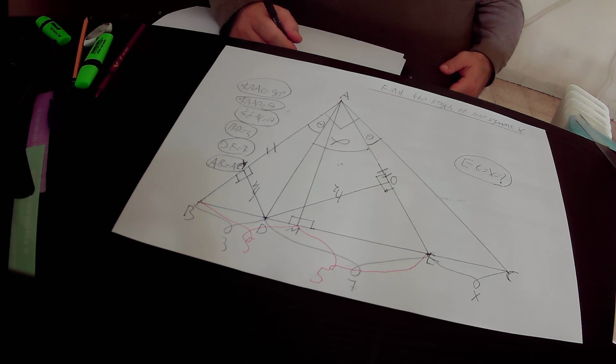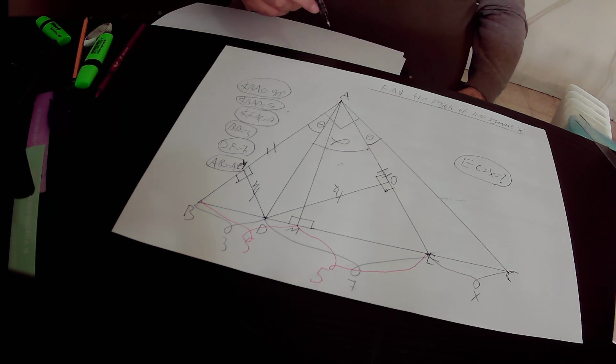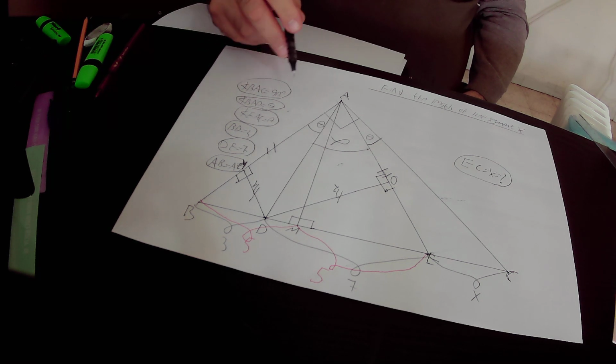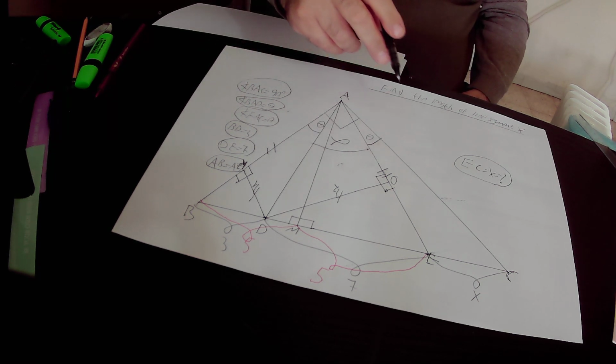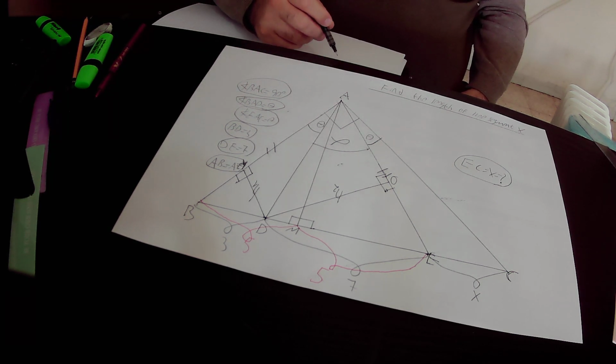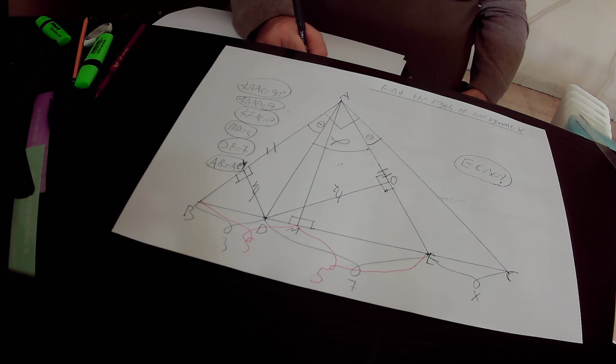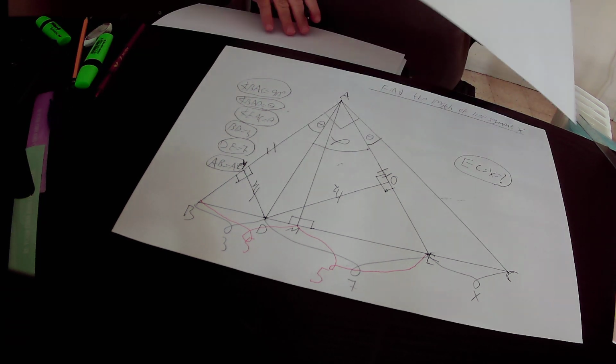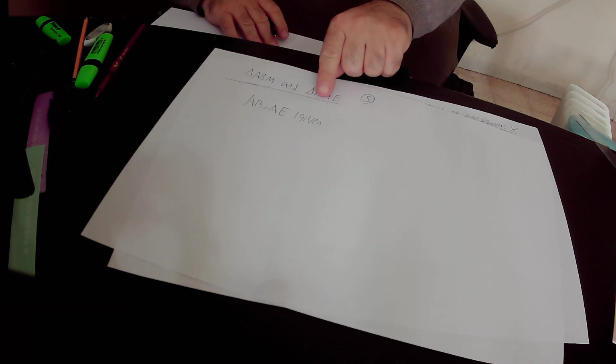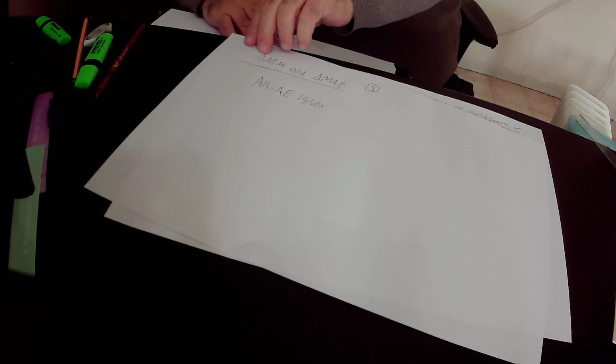So first of all, we know that AB is equal to AE according to what is given to us in the question. I'll repeat again, AB equals AE, it is given to us in the question.